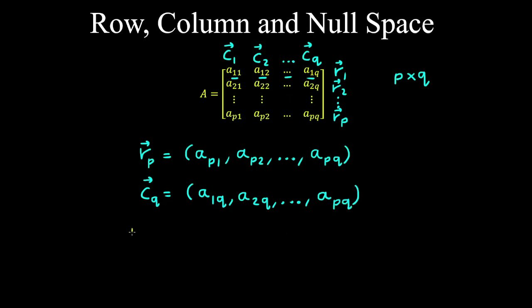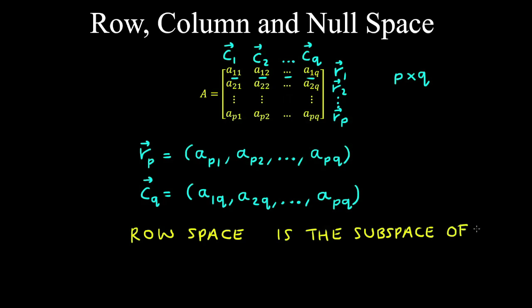Now the row space of matrix A is the subspace of the vector space of q tuples spanned by these row vectors.